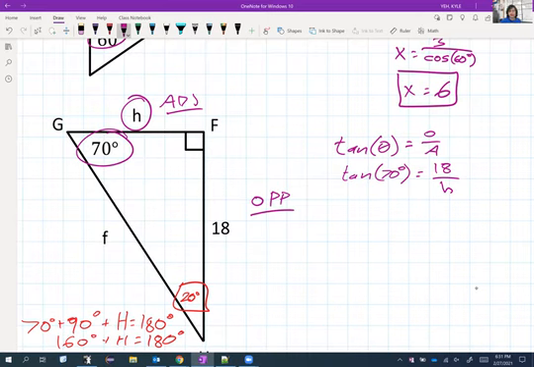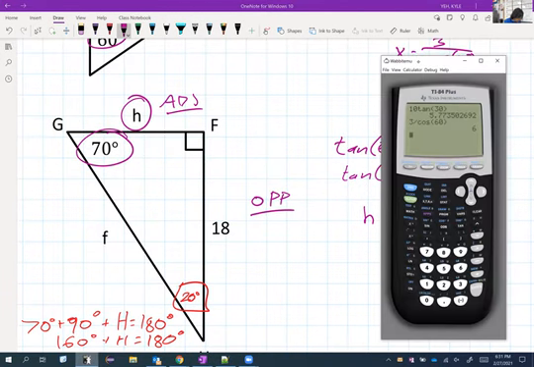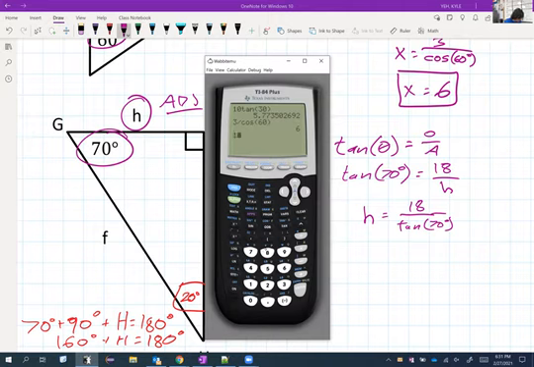Now here's where I'm going to say, multiply that h up, divide that tan 70 down. That'll leave me with h equals 18 over tan 70. Visualize that happening in your mind. H multiplies up, tan divides down. And so now it's just a question for the calculator saying, what is 18 divided by tan 70 degrees?